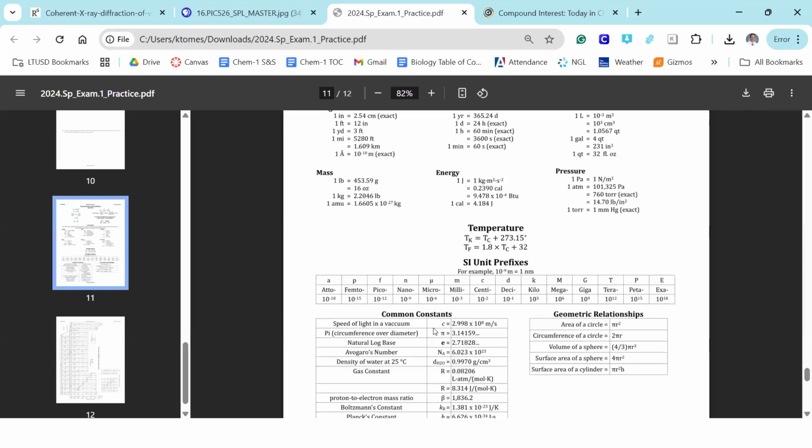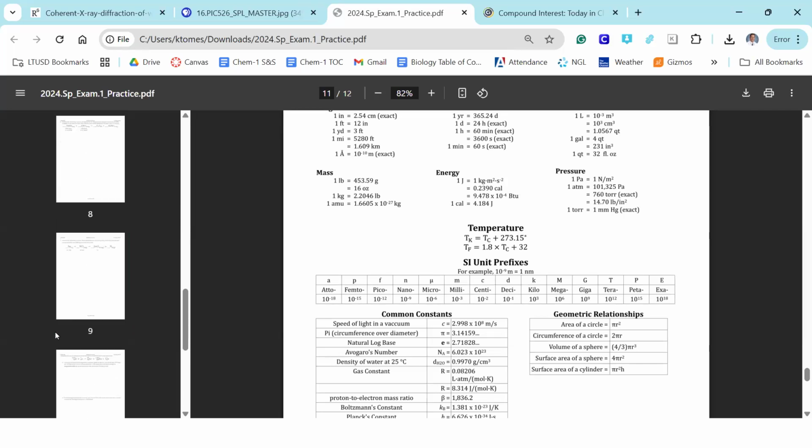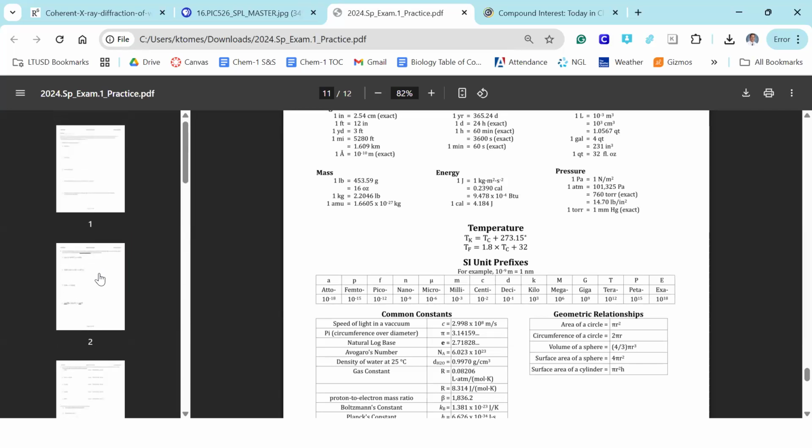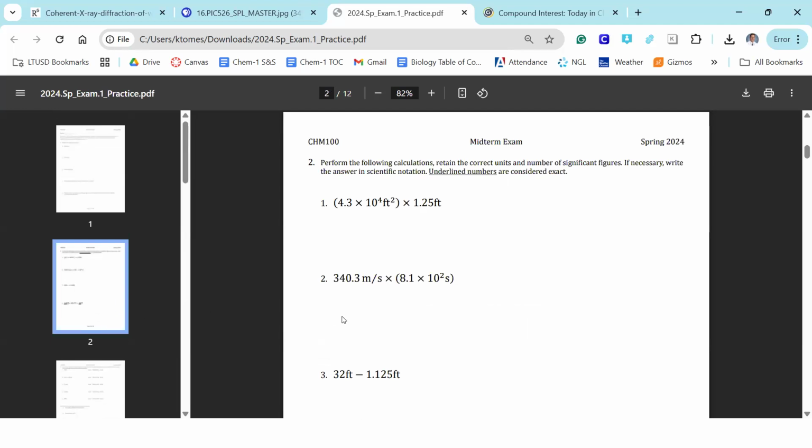So there will be a little bit of time pressure, but remember that most of these are actually going to be pretty quick questions to answer. Number 10, not so much. For these ones, all you have to do is take a square footage times another foot, plug that into your calculator, round it properly, done. This page will go really quickly.